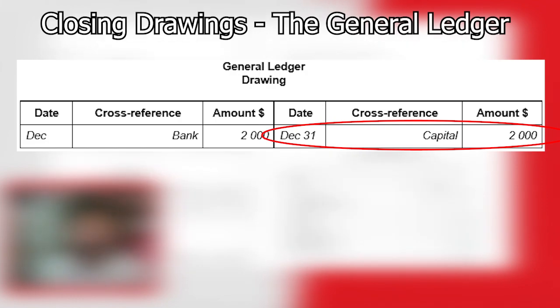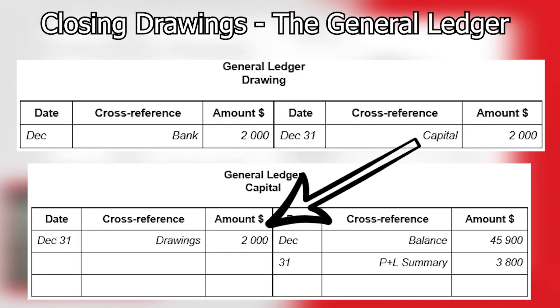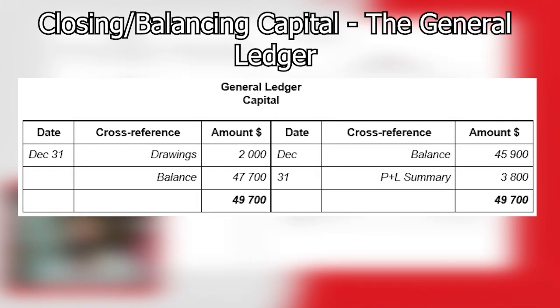Now, the capital account, we can see 45,900, my mistake. We've got the profit we previously did, and this time the drawings has been closed off. And that is everything there. And then when we close the general ledger for capital, we see the balance 47,700 because credit is higher.